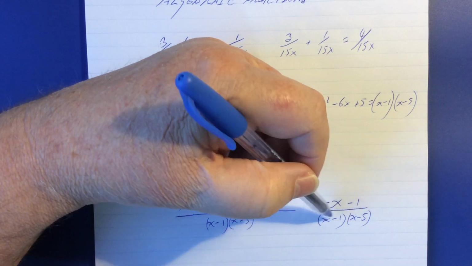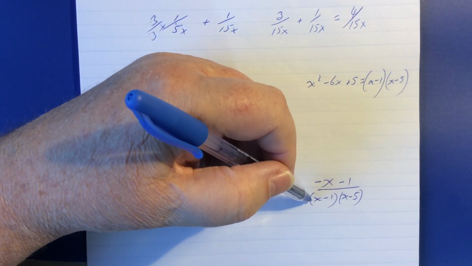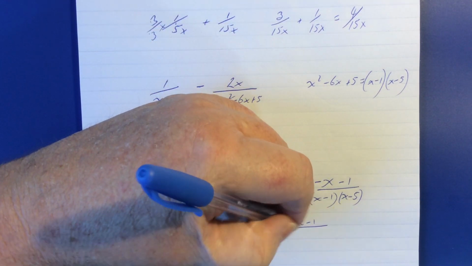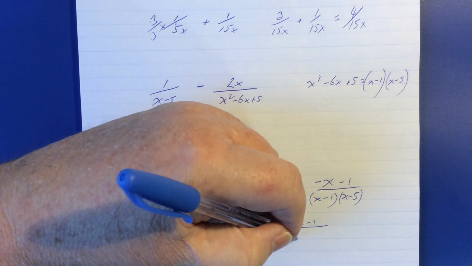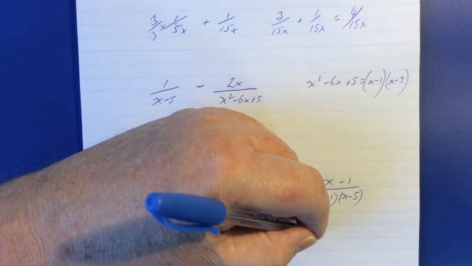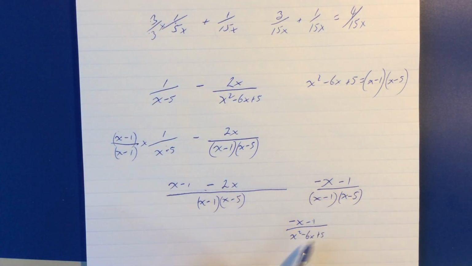You can, if you want, express this as an expanded quadratic, in which case it would be negative x minus 1 over x squared minus 6x plus 5. So take your pick. It's that or it's that. Both are perfectly valid answers.